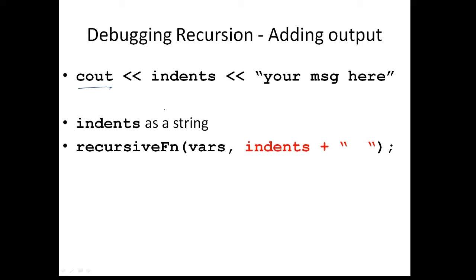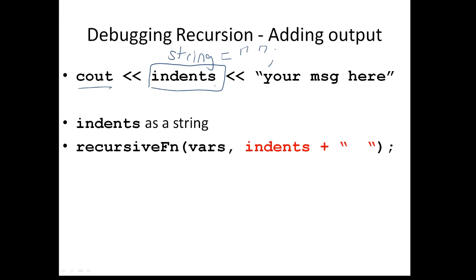The one thing that I'm going to add is that if you are still feeling a little wheezy about recursion and how that works, I would definitely encourage you to make a variable called indents that is of type string. What you would do is initialize it to be an empty string initially, right?